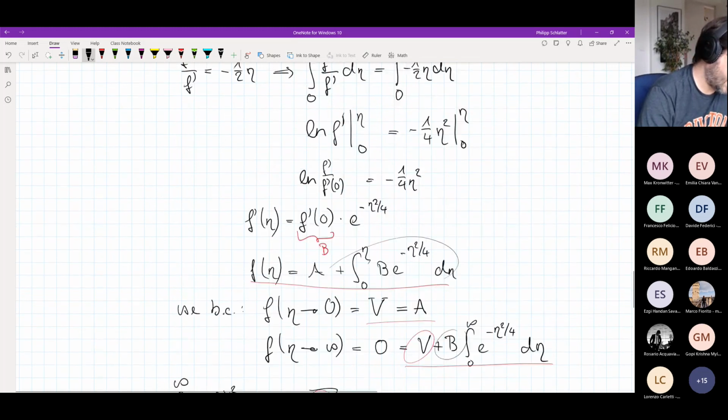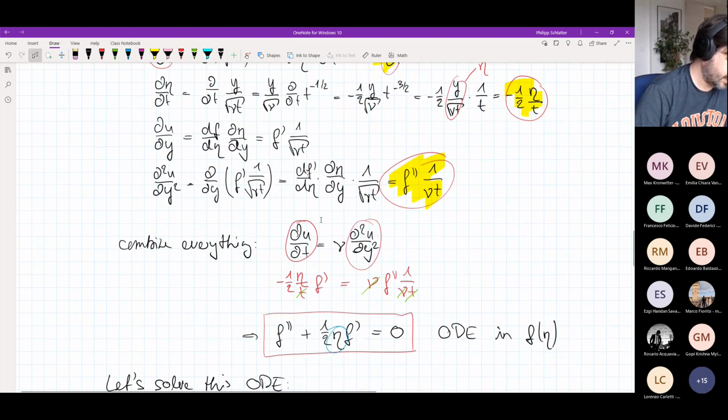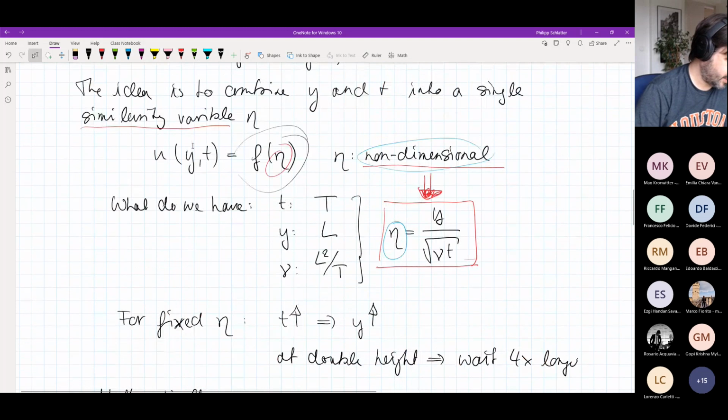And now, when we go back to where we started, up here, we said that u of y and t is f of eta. That was the definition that we had here.